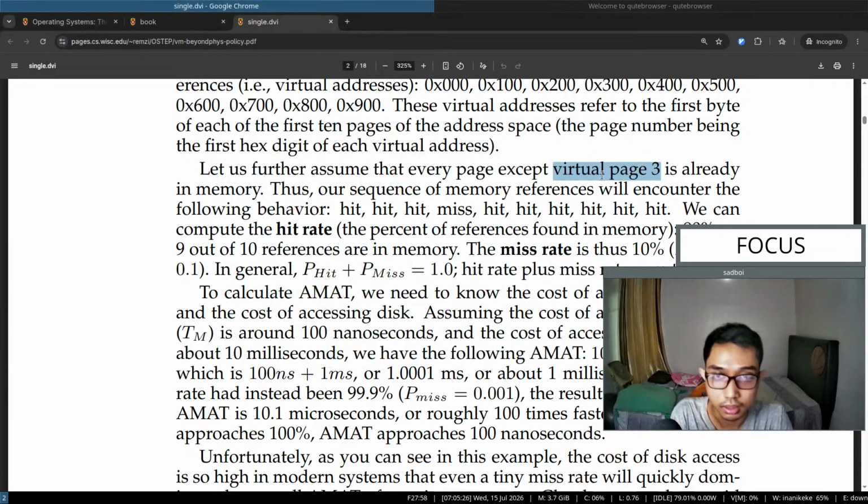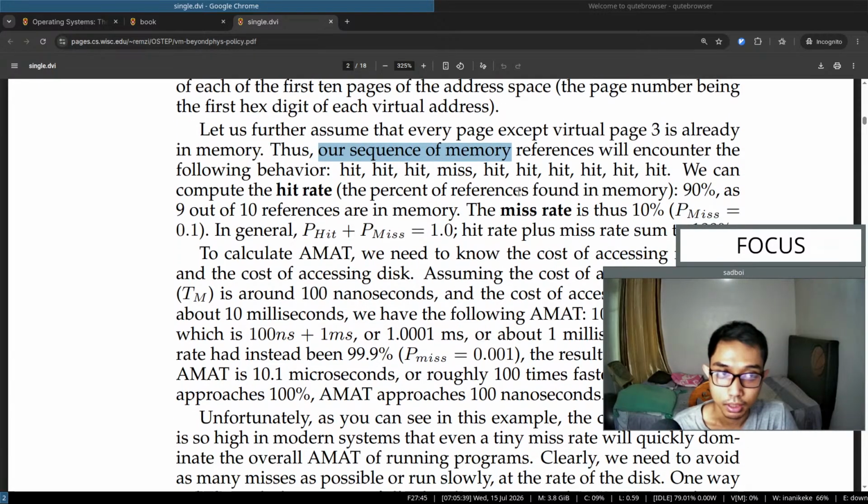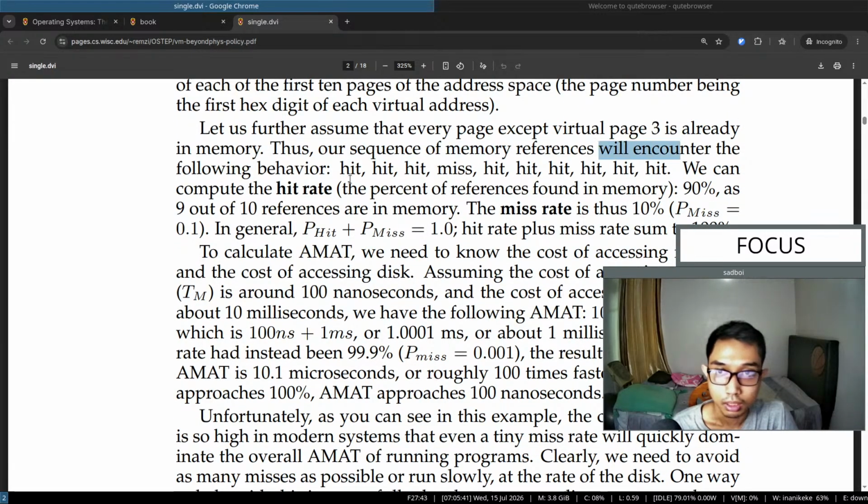Other than that, it is hit. Okay, let's further assume that every page except virtual page 3 is already in memory. Thus, our sequence of memory references will encounter the following behavior: hit, miss, right? Page 0, page 1, page 2, and then page 3, miss, this one, right?